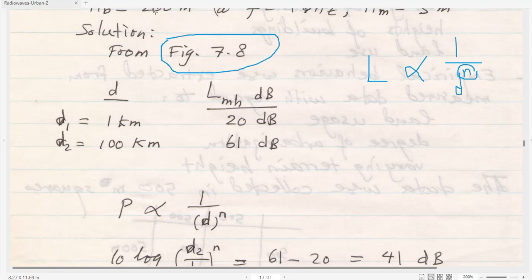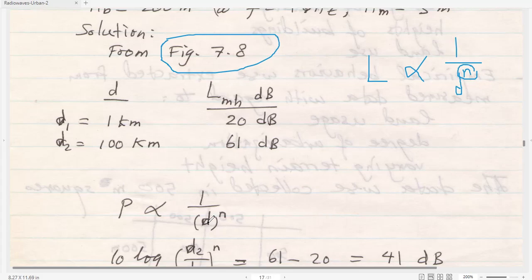So we should write here maybe, if L is a fraction less than 1, this means that when you multiply, it will decrease with distance. If L is greater than 1, then L will be proportional to d to the power n. The power, of course, is always proportional to 1 over d to the power n.